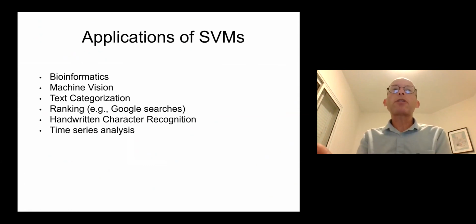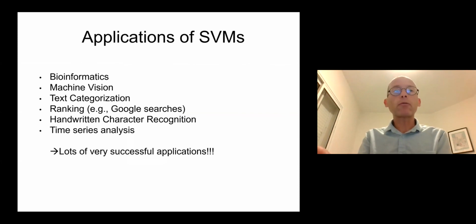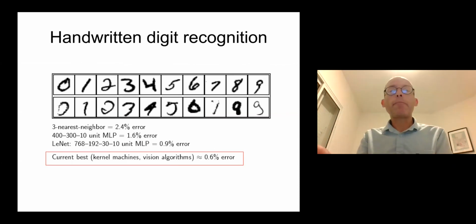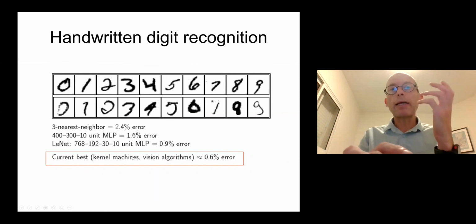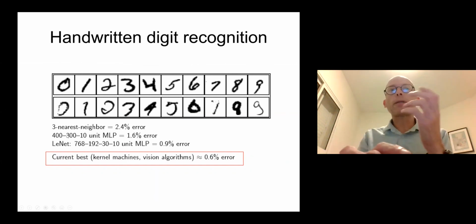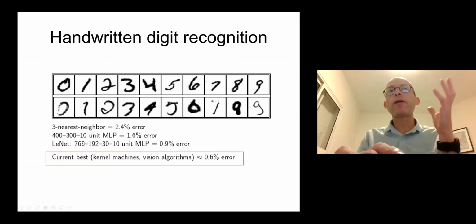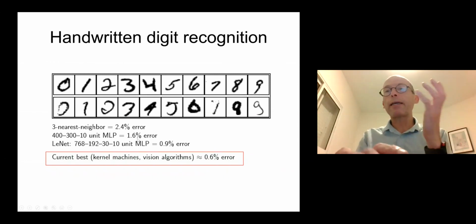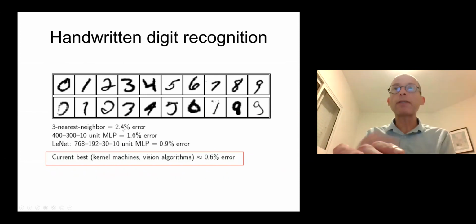And again, support vector machines have been applied quite a lot. At some stage, they were the state of the art, especially for images. Nowadays, we know very well that neural networks are doing better. If you compare, for example, digit recognition, which is basically a sort of image analysis, nearest neighbor was doing reasonably well.